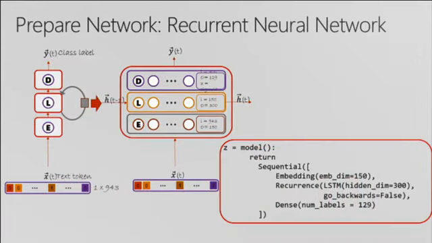In CNTK, writing a recurrent network is as simple as writing the non-recurrent ones. In this particular case, you write a 3-layer recurrent network with an embedding layer first, followed by a recurrent LSTM layer, and then a dense layer.